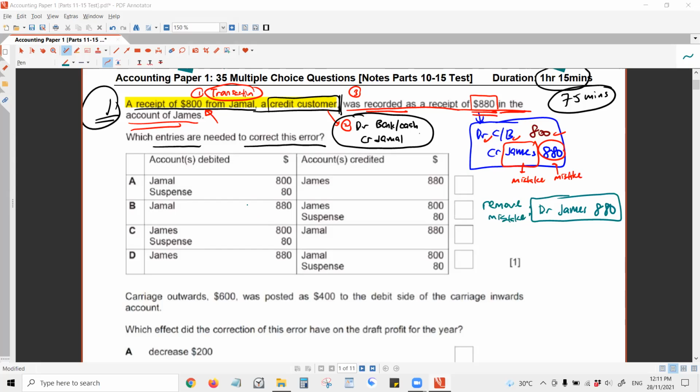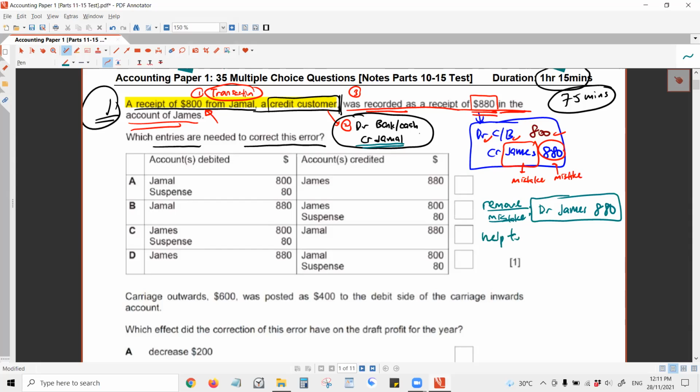After you have removed their mistake, what else is there to do? Do you think that they have recorded into Jamal's account? Of course not, because they touched James's account instead. So we have to touch Jamal's account right now. We have to credit Jamal. After removing their mistake, we help them to record correctly.